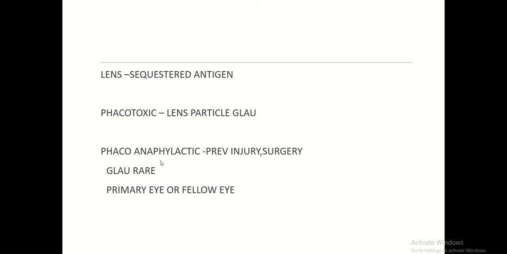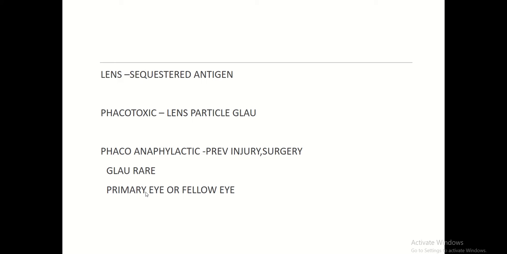You have another variety which is called phacoanaphylactic glaucoma. Phacoanaphylactic means your lens protein has been exposed as a result of any previous injury or surgery, and the patient is undergoing a subsequent procedure. Suppose he has previously been injured in the right eye.